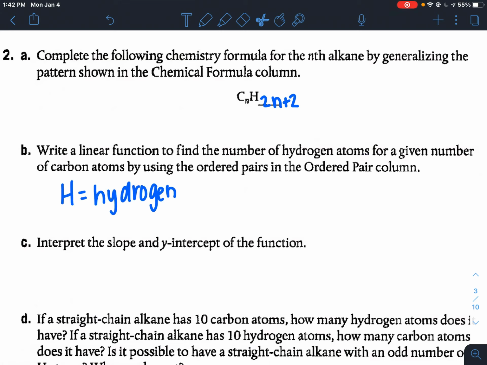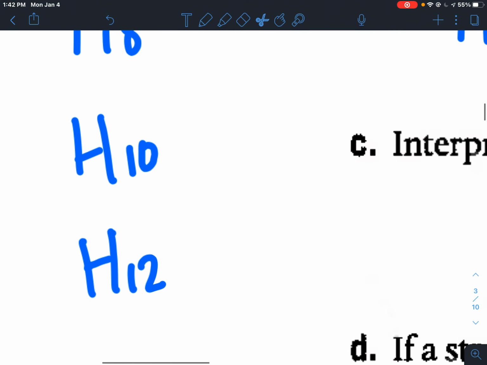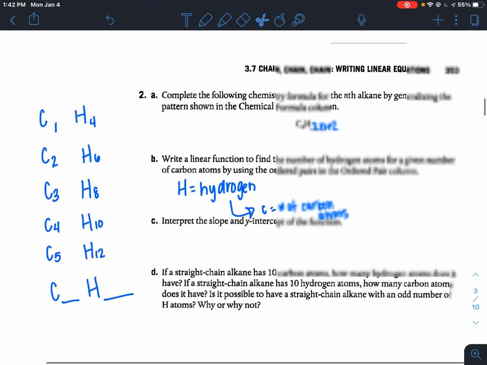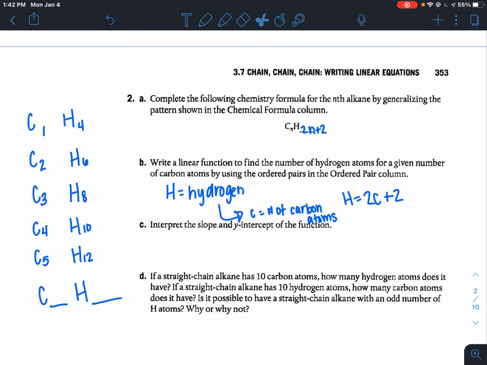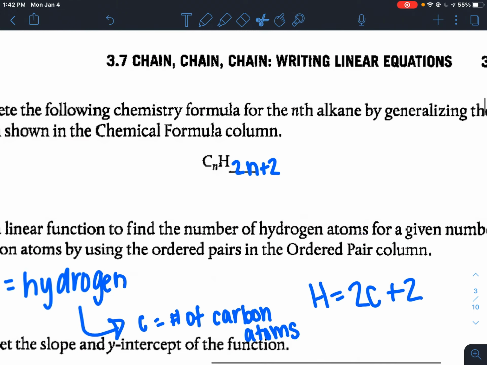So hydrogen will be H, and the hydrogen depends on how many carbon atoms there are. I couldn't figure out H without first knowing what C was. So it's going to be H equals 2C plus 2, which came from right here. Instead of n, I just used C.